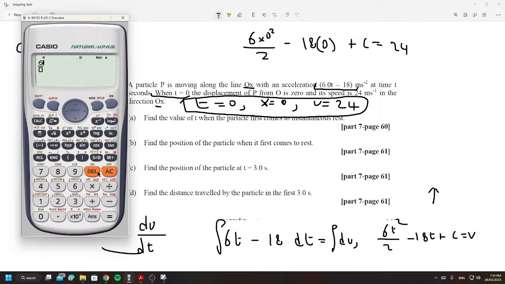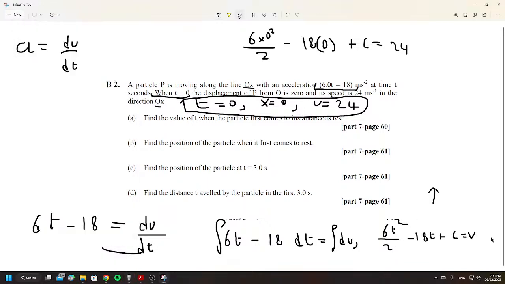So 6 times 0 is basically 0, minus 18 times 0, plus C. So C is equal to 24. That's it. Yeah, C is equal to 24. So now we can substitute 24 here. And now we're going to do the quadratic and find the two values.